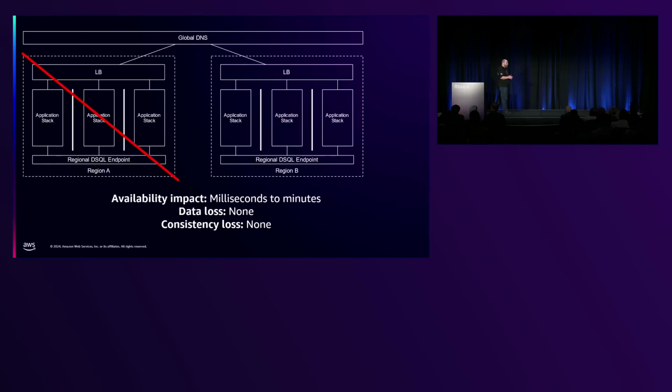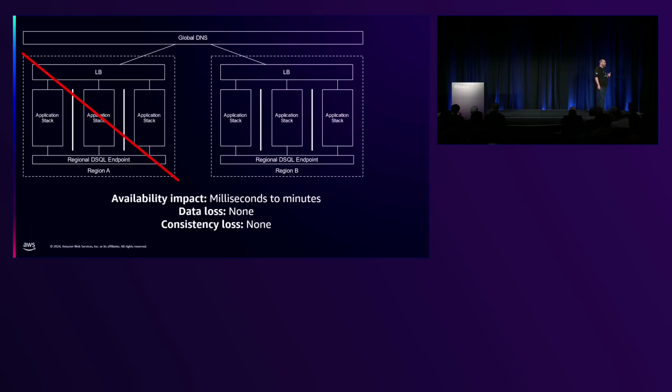You're going to flip your database over, which can be really easy. It can be difficult, depending on the nature of the failure. And you're going to see potentially minutes, hours of downtime. With an active-active architecture and DSQL, the downtime, even in this disaster scenario, could be as short as milliseconds.